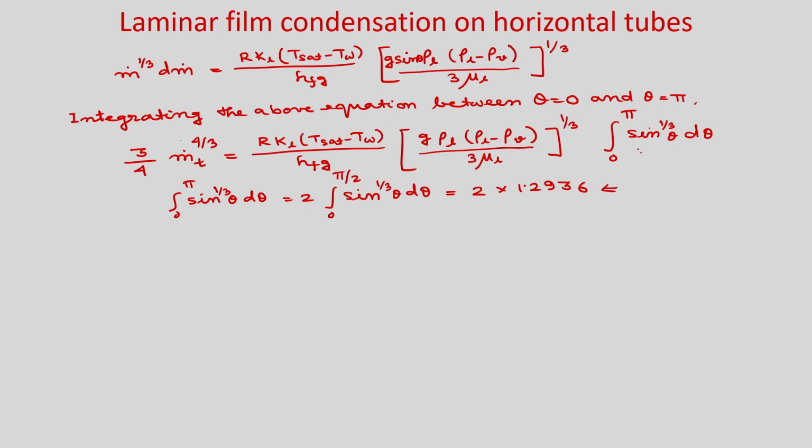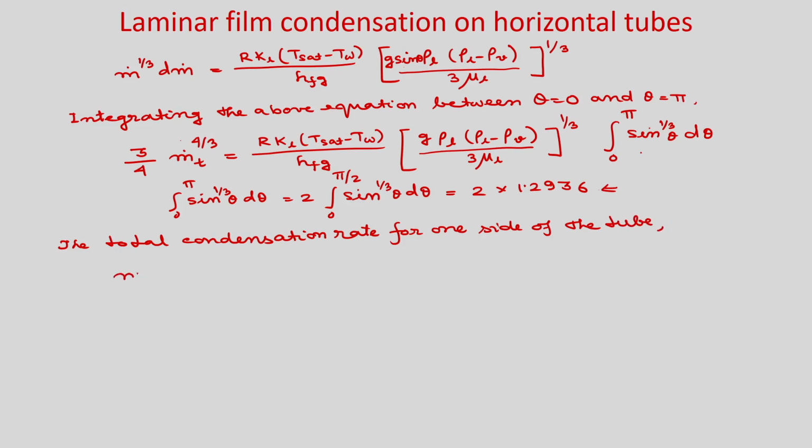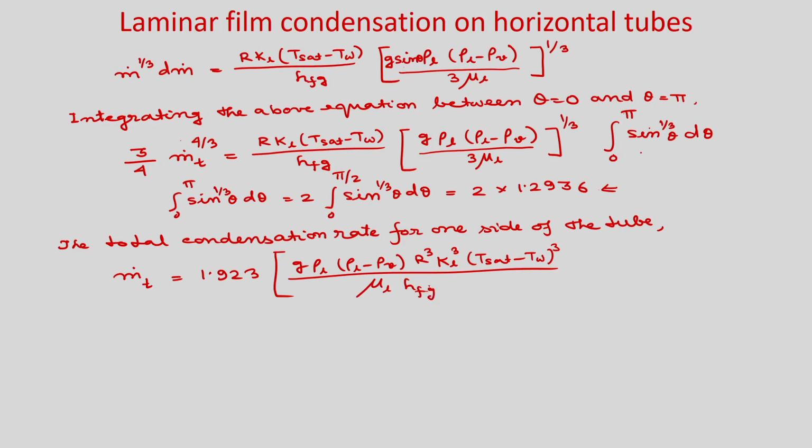Now if you put this value here and rearrange it, you will get the total condensation rate for one side of the tube as m dot t equal to 1.923 into [g rho L (rho L minus rho v) r cube k L cube (T sat minus T w) cube divided by mu L h fg cube] to the power 1 by 4.